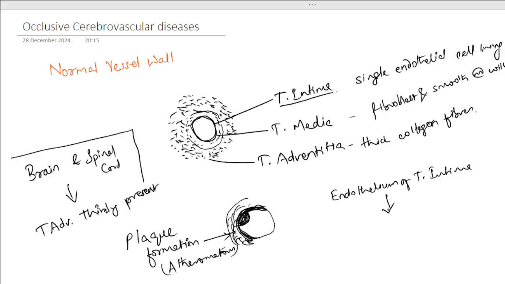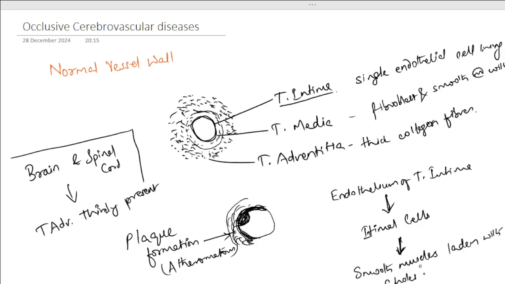Secondary, what will it lead to? Intimal cells, smooth muscles, laden with what?